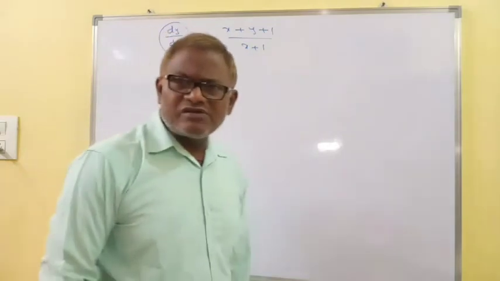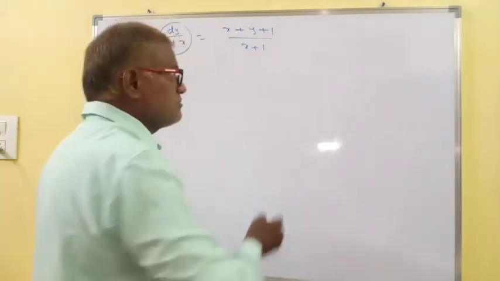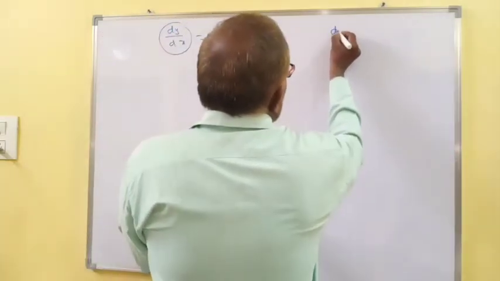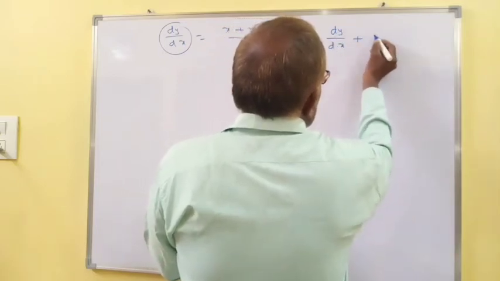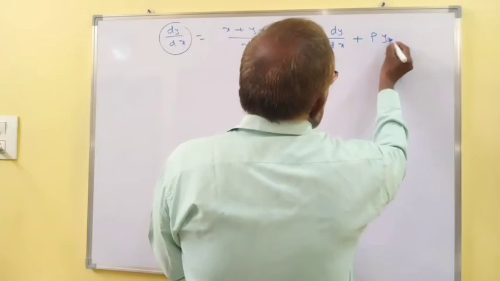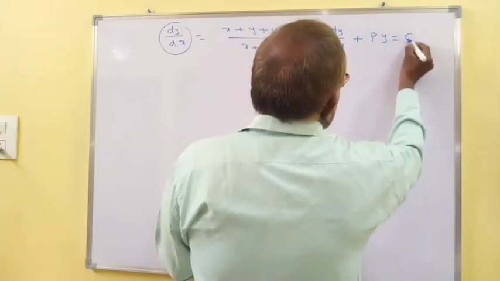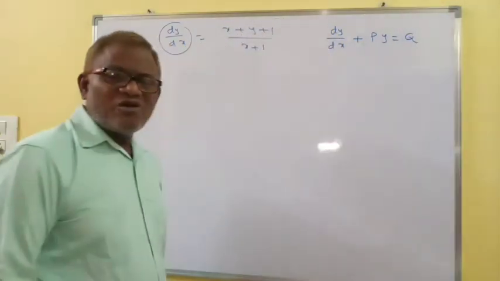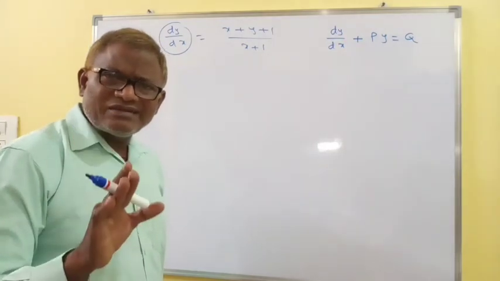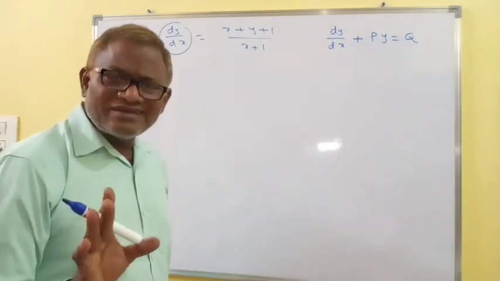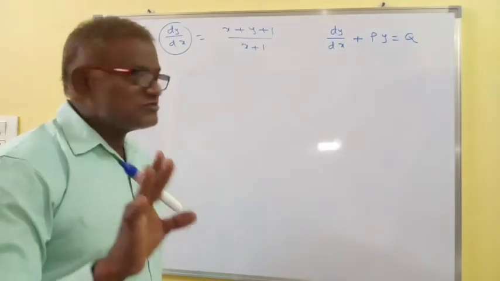The differential coefficient is nothing but dy by dx. That means always remember the given DE must be rewritten in this form only: dy by dx plus py is equal to q. Remember, only x terms or constant terms must be kept in the RHS. No y terms should be there.